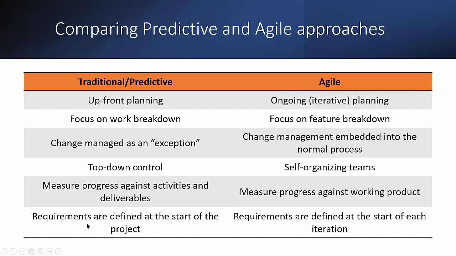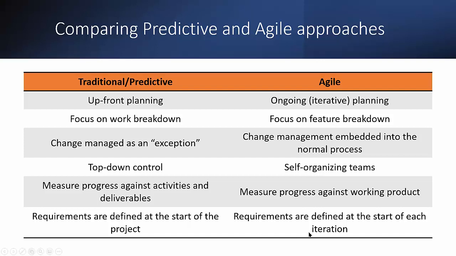Finally, in a predictive approach, requirements are clearly defined at the beginning of the project. At the beginning of the project, we have a negotiation on what the requirements are and on what will be in scope, what will be out of scope. That's what we call the scope statement in a predictive approach.